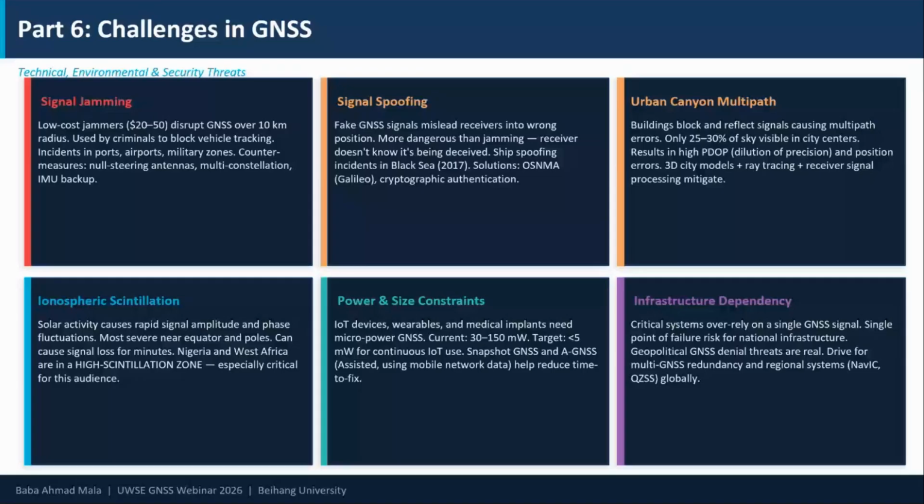Countermeasures are cryptographic, like Galileo's open service navigation message authentication, which digitally signs the signal to prove it's authentic. So they came up with the solution of using cryptographic authentication to ensure it's authentic before it goes to the position. Next are environmental challenges and systematic challenges.